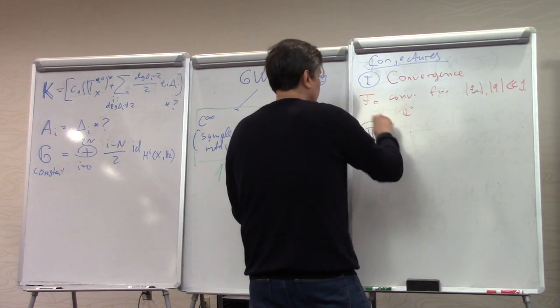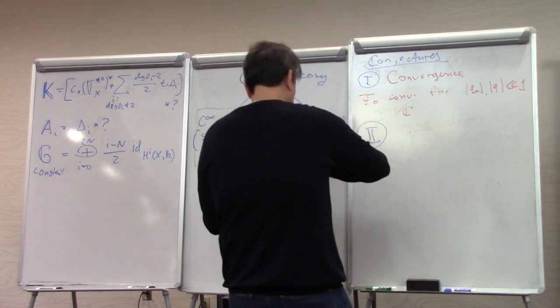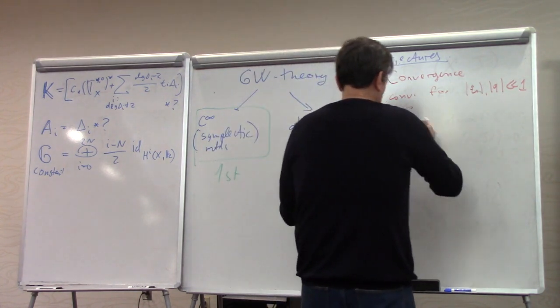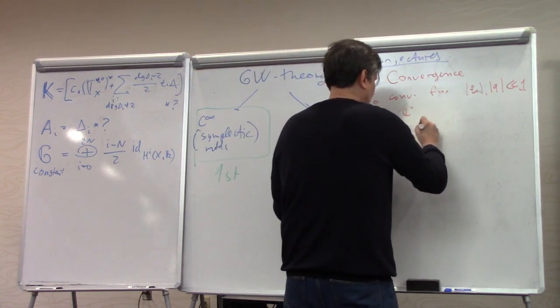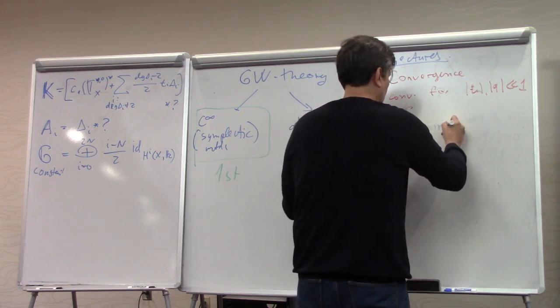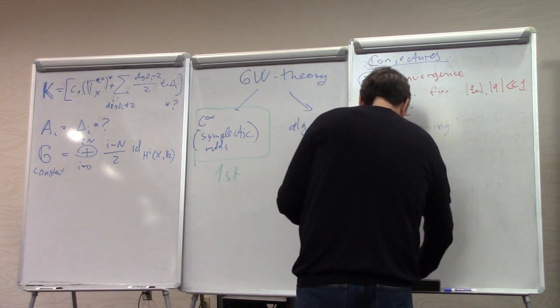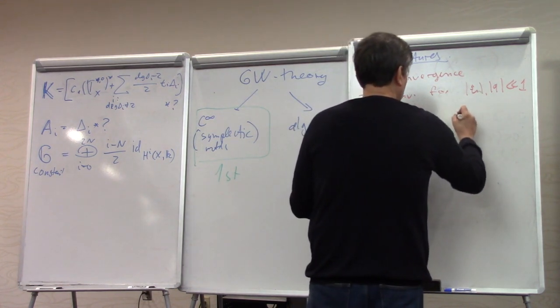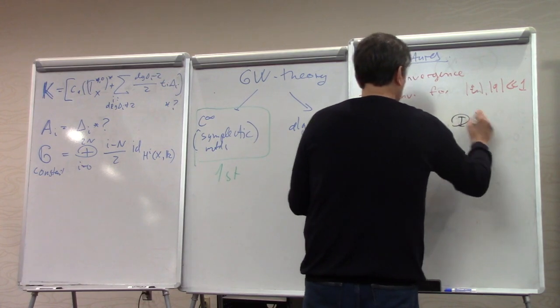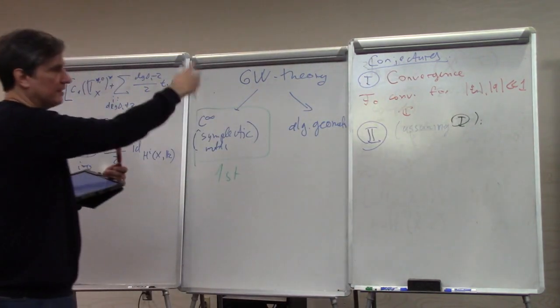So the second conjecture is assuming the first conjecture. The first conjecture says the following: pick Q and T in the domain of convergence.